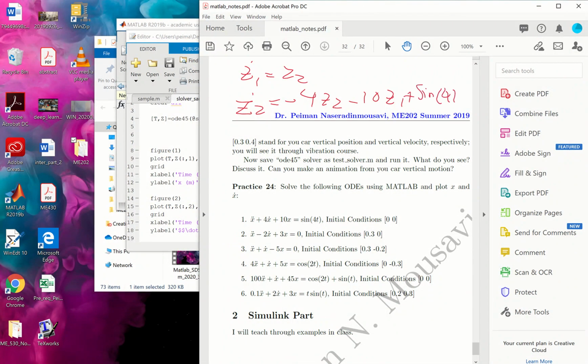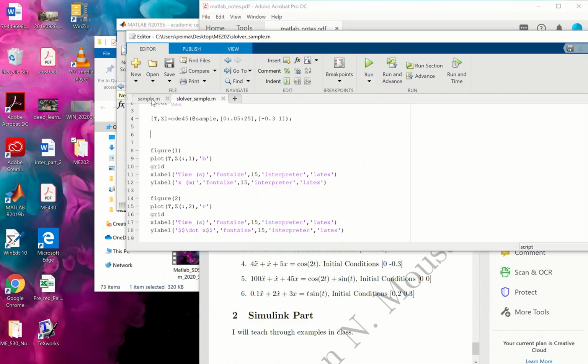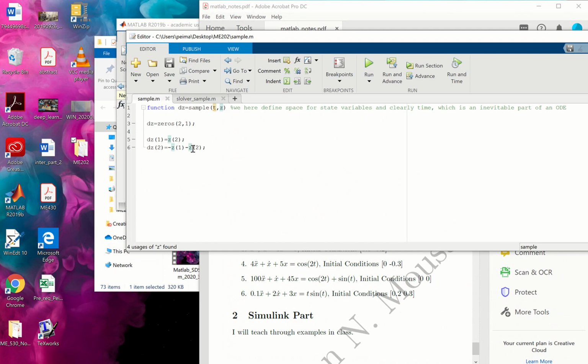sine 4t. In vibration and control, you see that this is the external force that we are applying to the system. This is a harmonic force, and I'm going to teach that. I'm only going to change this; the rest is the same.